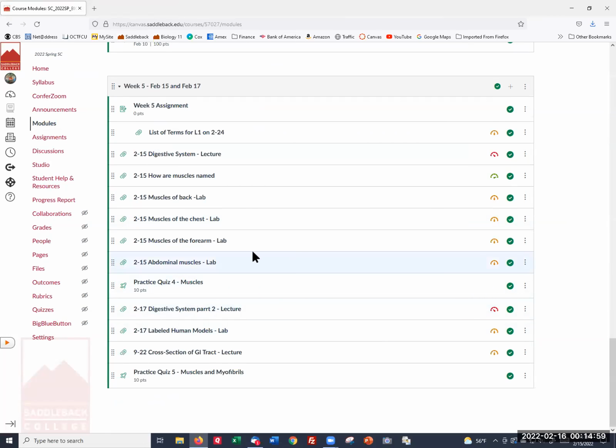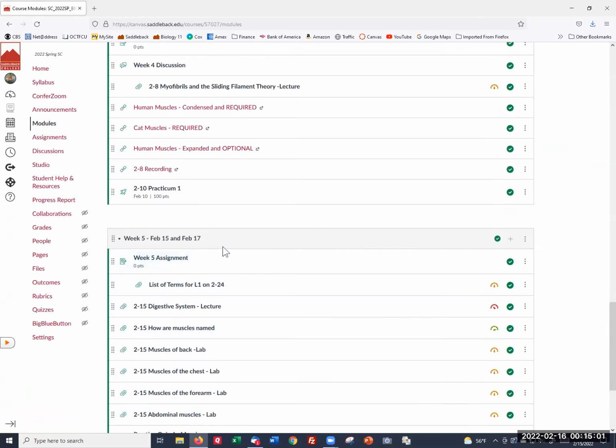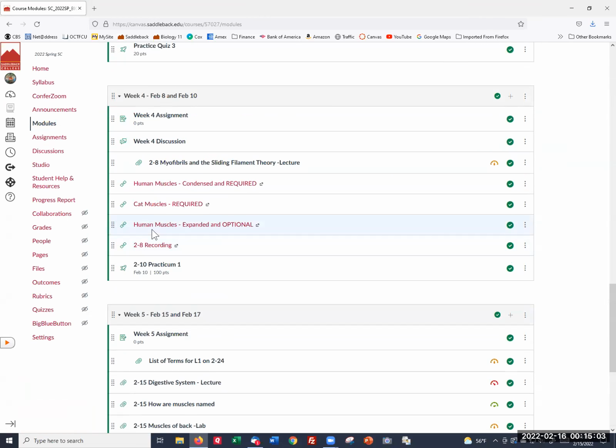Okay, the last one, this was back at week 4, by the way. Okay, so we'll work off of both of these. But the last one that says human muscles expanded and optional, you can do that yourself actually by taking the human muscle link and the origin, insertion, and action out of the cats.